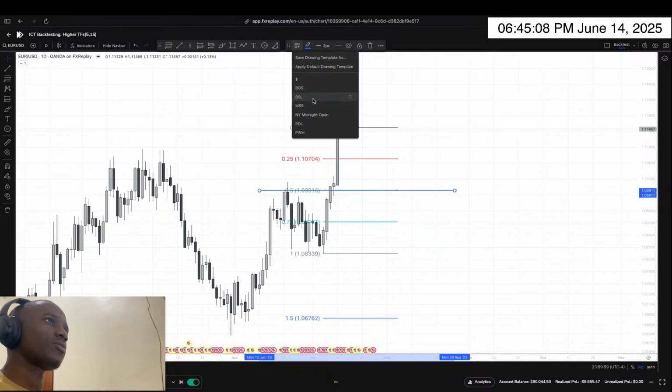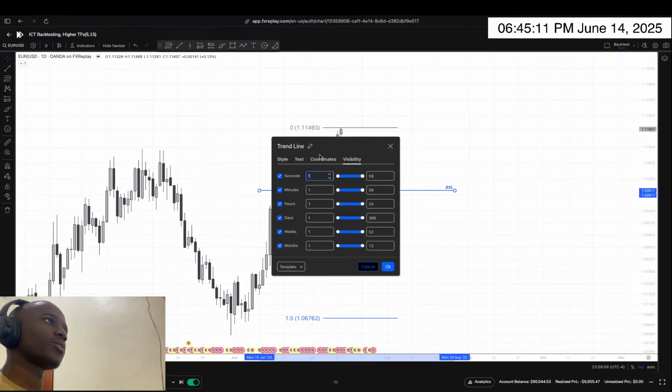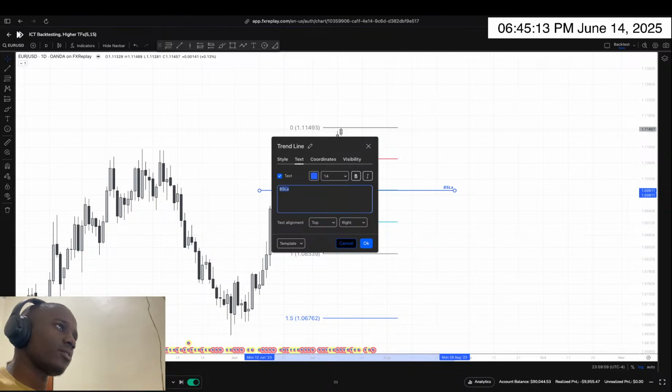I want to use this, change it to text. Okay, daily. What should I call it, midpoint or equilibrium? Equilibrium point.